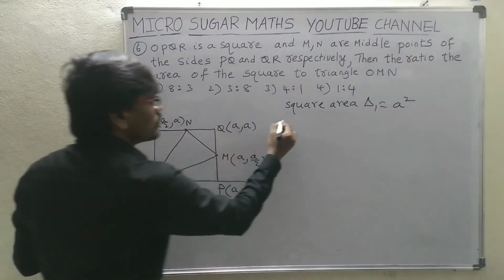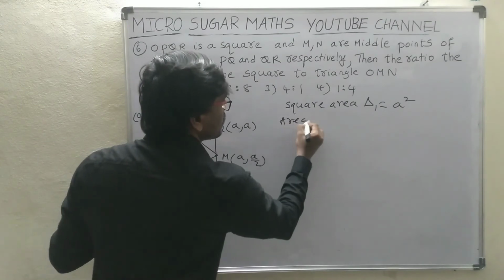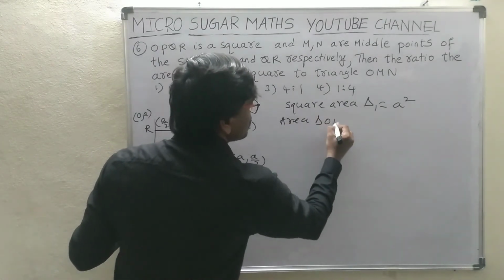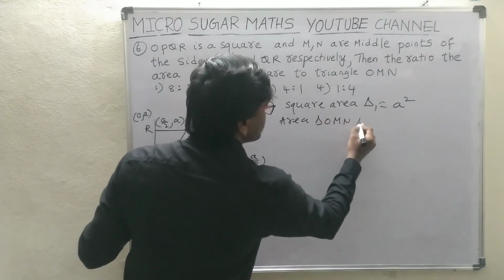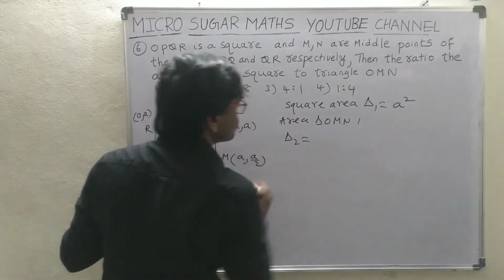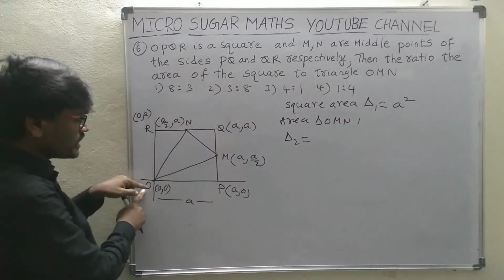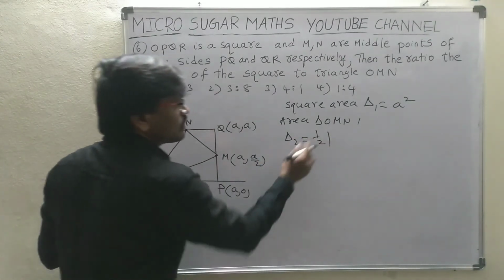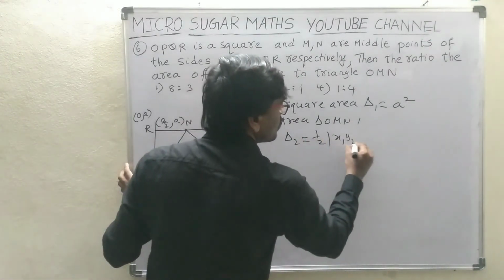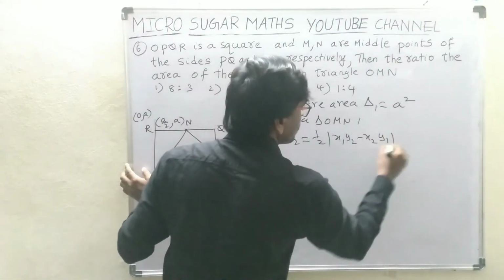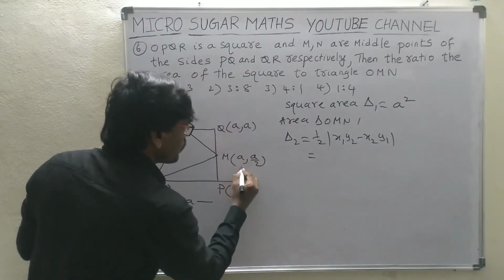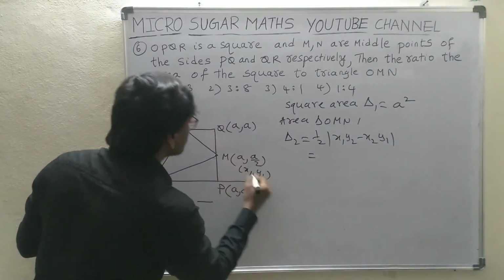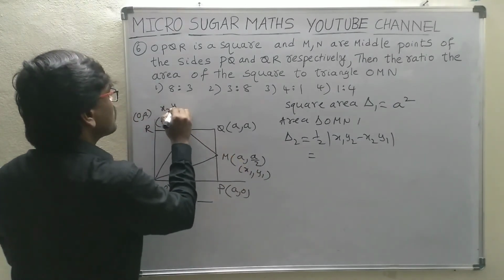Now the area of triangle OMN, let it be delta 2. Since one of the vertices is the origin, its area is 1 by 2 times (x1 y2 minus x2 y1). Here M point is x1 comma y1, N point is x2 comma y2.